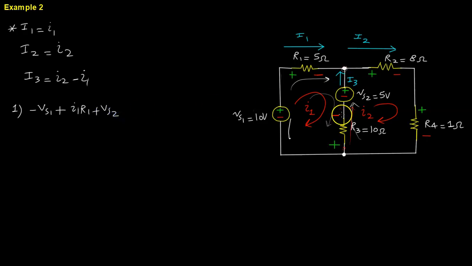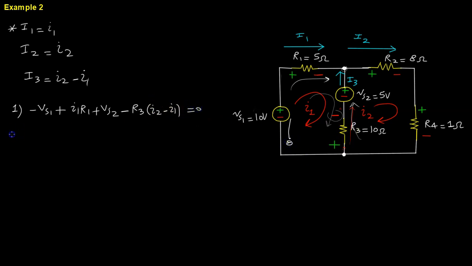I'm going to go further down. I'm going to see a minus sign. Very easy, procedural. Then I'm going to see a minus sign R3 times. Now you have to pay attention here, and that is the current going this way, I3, is going to be I2 minus I1. All of that is equal to 0 as I come down to the same point.